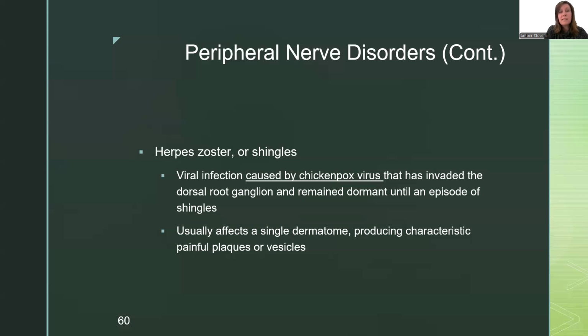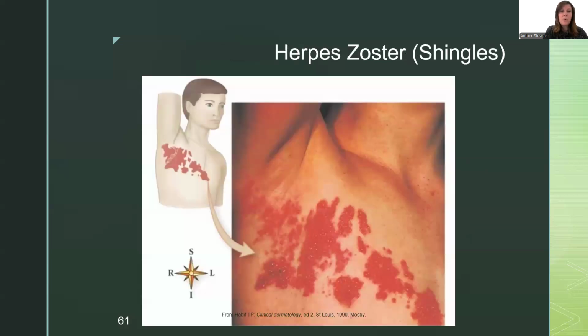It usually affects a single dermatome, producing characteristic painful plaques or vesicles. And this is what herpes zoster or shingles looks like. This is on a 13-year-old boy with eruptions involving the dermatome T4.